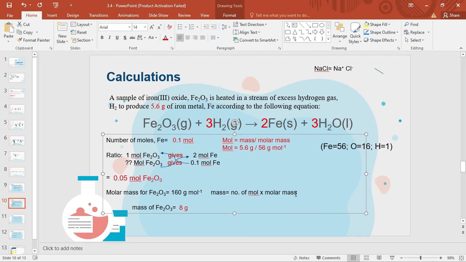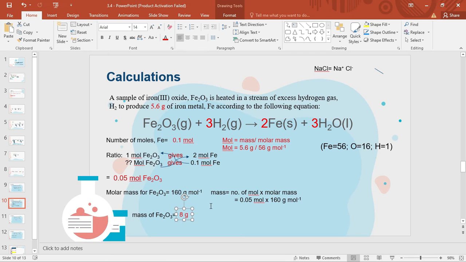So you need to remember the formula. I think I already sent the picture on Telegram. So number of mole 0.05 mole times this molar mass, 160. We got 8 gram. You get 8 gram.